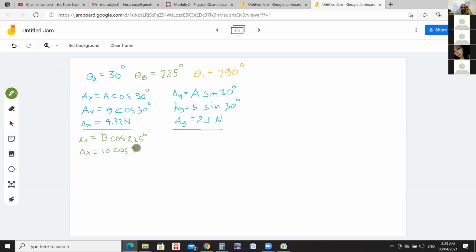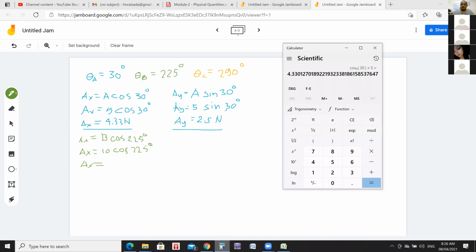Cosine of 225 degrees. BX is equals to, gamita itong calculator. Negative ba, sir? Oh, 225 cosine times 10. The answer? Negative 7.07.